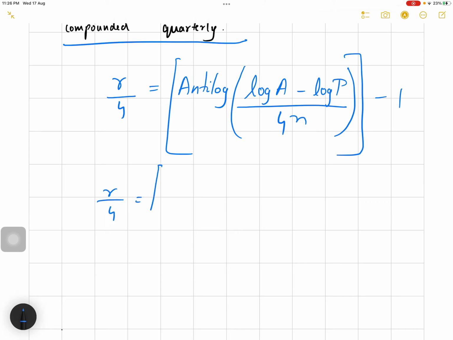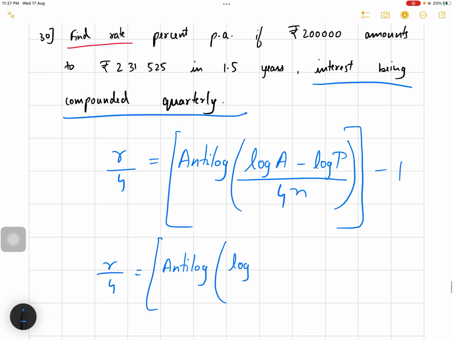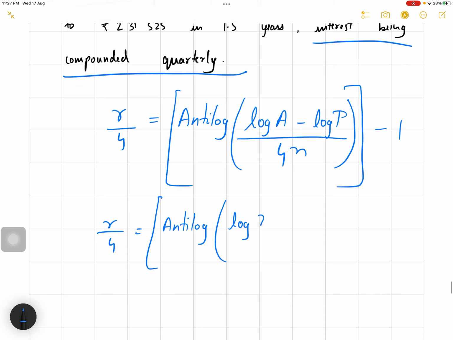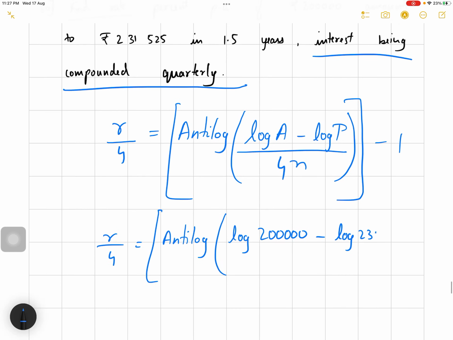R divided by 4 is equal to anti-log of log A, A is 2,31,525, minus log P, P is 2 lakhs, divided by 4n.